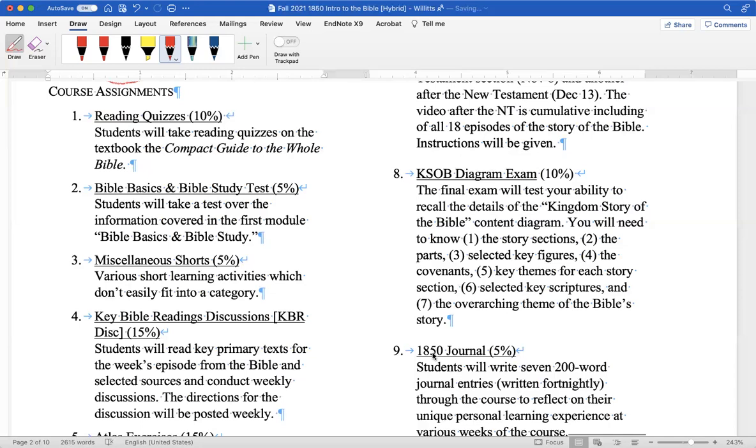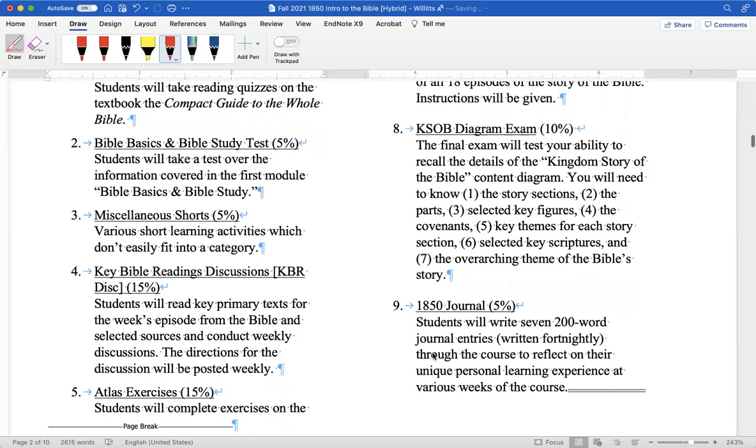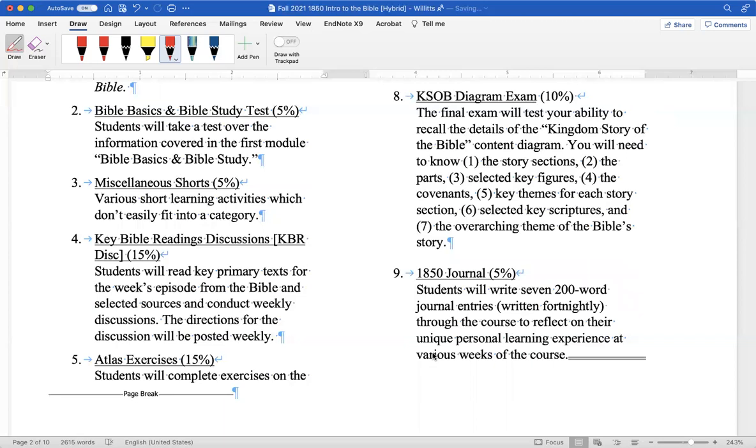Number 4, key Bible readings discussions. Each week, as we move through the semester, we will cover an episode or episodes of the Bible's kingship story. Often we're only dealing with one episode a week, but sometimes we have to deal with more than that, given the number. We have 18 episodes we have to cover this semester. In our conversations in class, and the learning materials over the content, it's general in its nature.